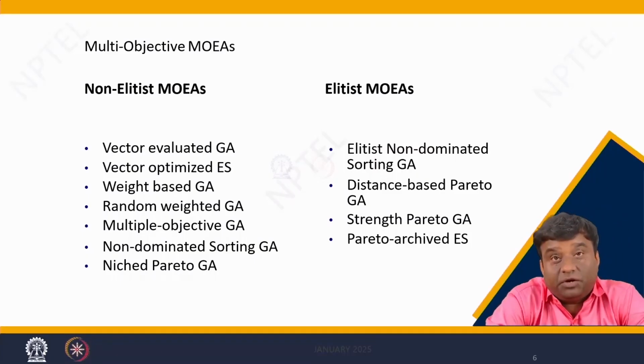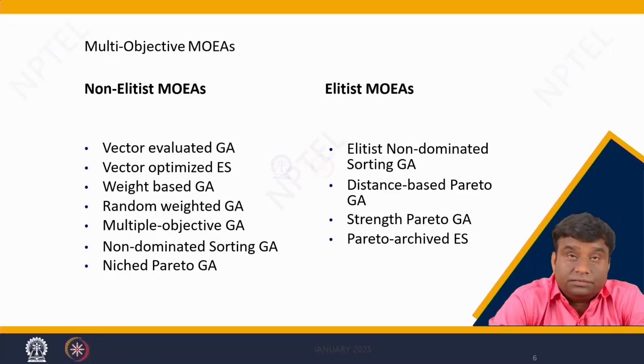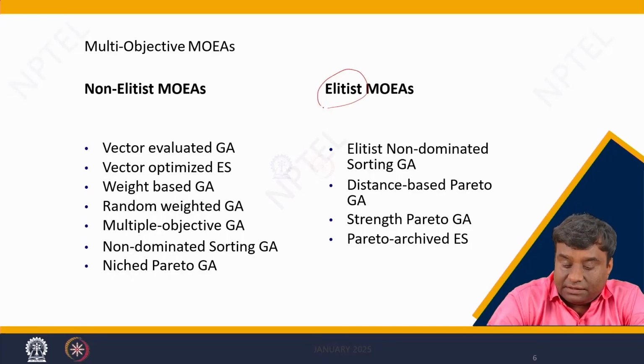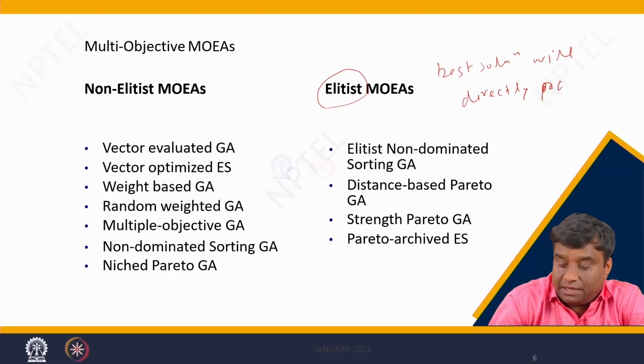So there are several multi-objective evolutionary algorithms. Few are non-elitist and few are elitist, meaning that the best solutions will directly participate in the crossover for the next iterations.